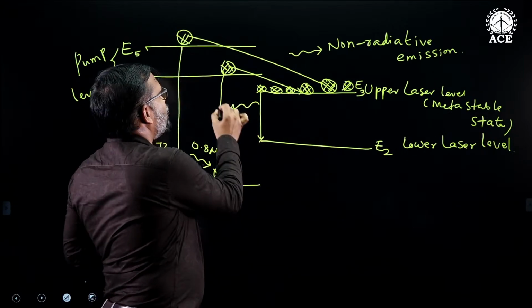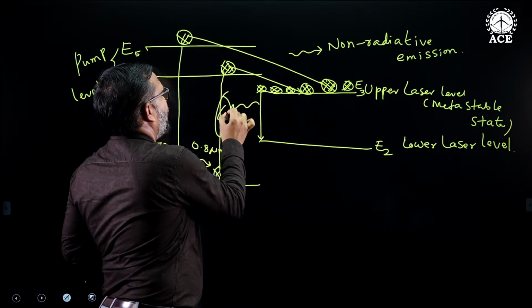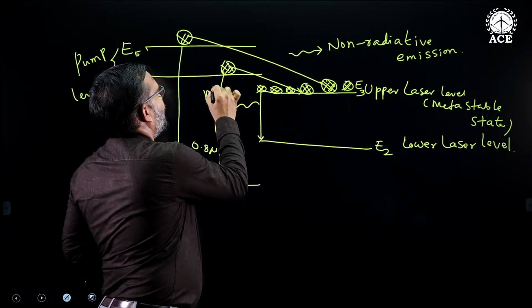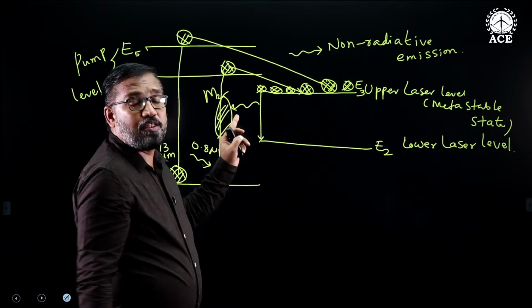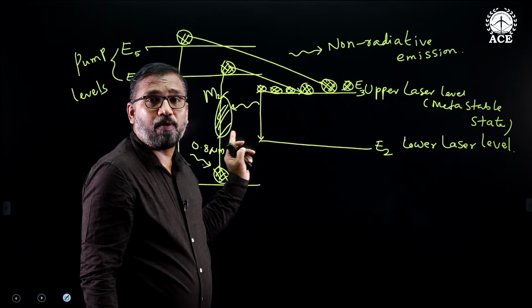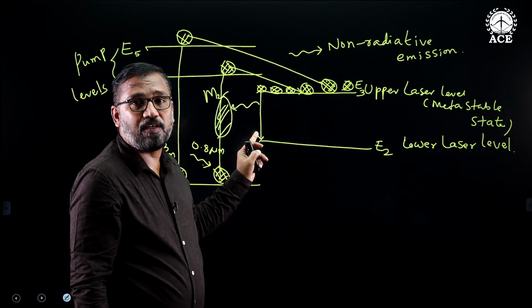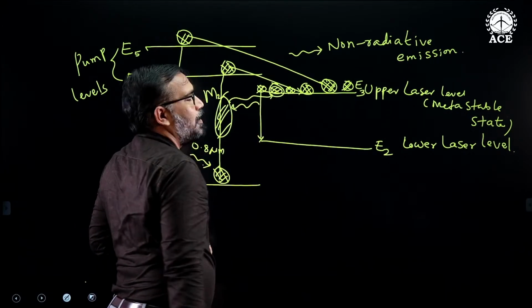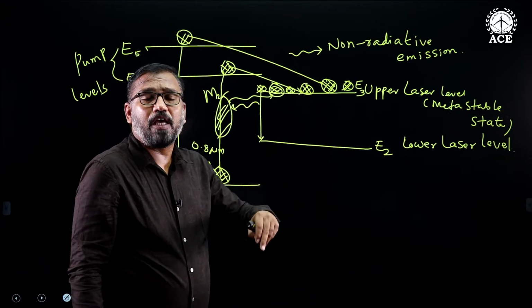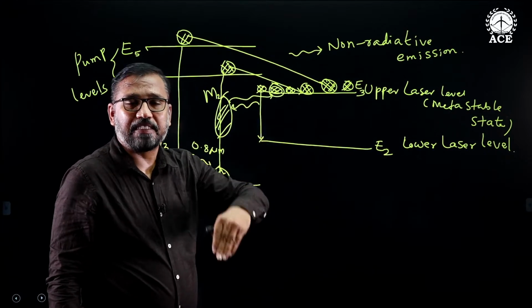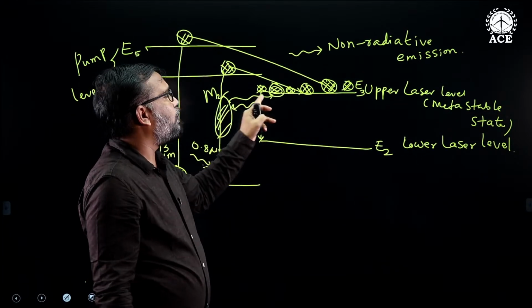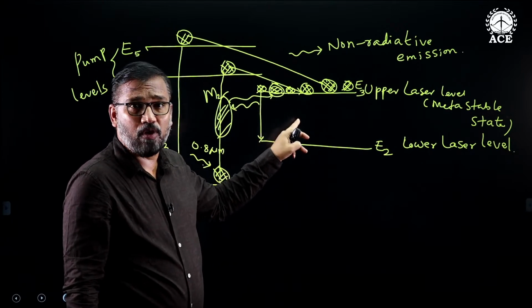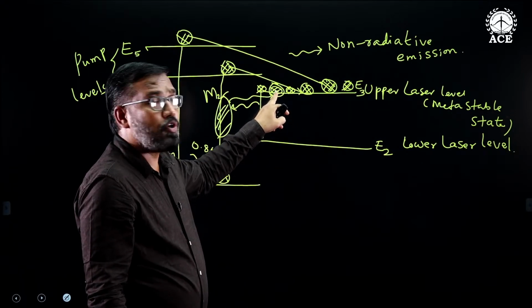Now this photon tries to come out from the mirror, mirror M2. But this photon is unable to come out from the mirror, because its energy is not sufficient. It will reflect back and interact with this neodymium ion. The neodymium ion already has one photon inside. So this reflected, feedback photon interacts with the neodymium ion.